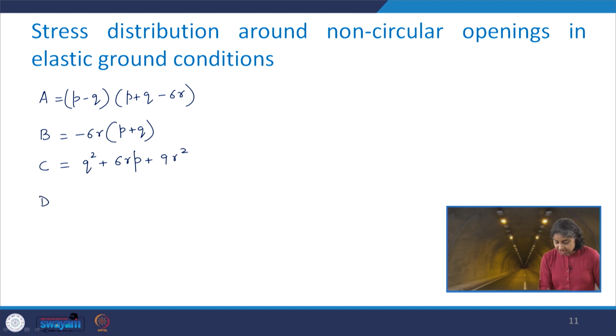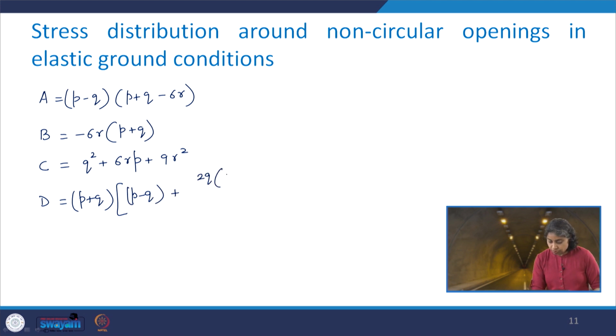Then we have D as P plus Q into P minus Q plus 2Q into P plus Q minus 6R divided by P plus Q minus 2R.